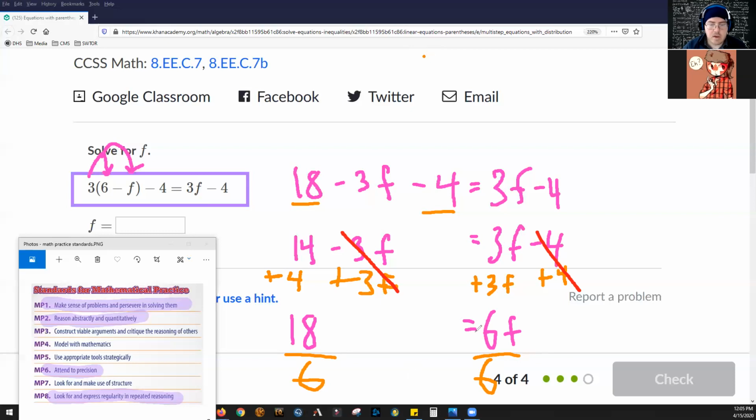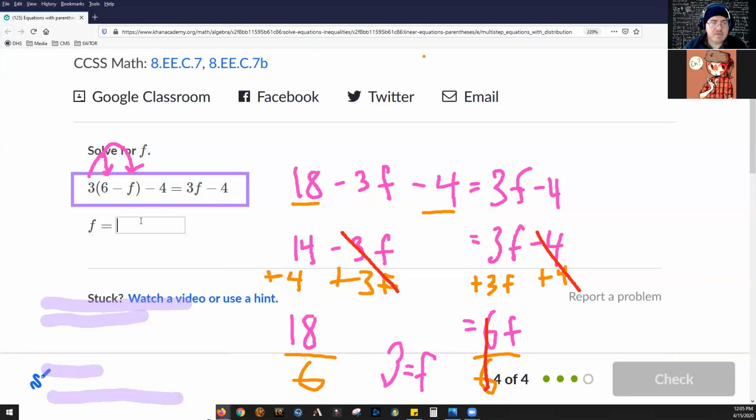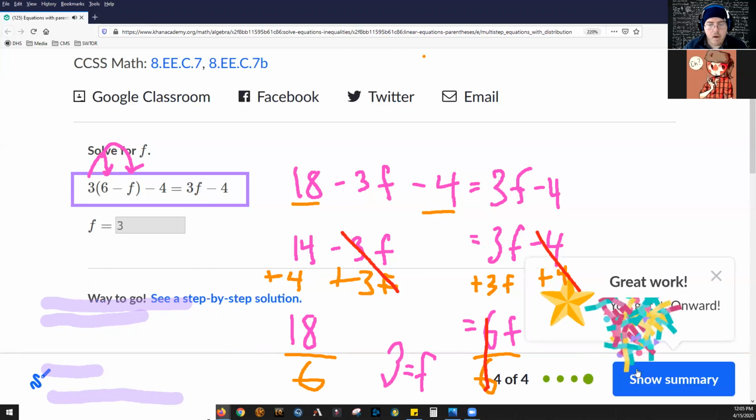Let me change color. 6 divided by 6 is 1, so that's just 1f. 18 divided by 6 is 3. So I'm pretty sure in this system, f is always going to be equal to 3. Yep, we're all right. Sweet. Feels good to be smart.